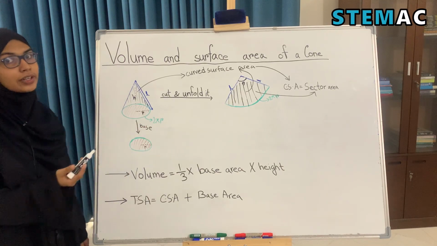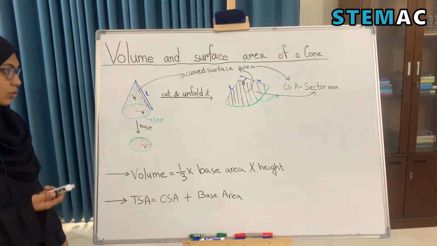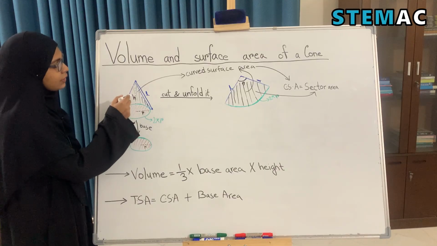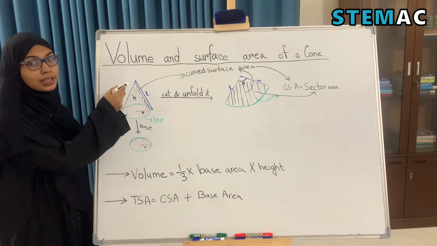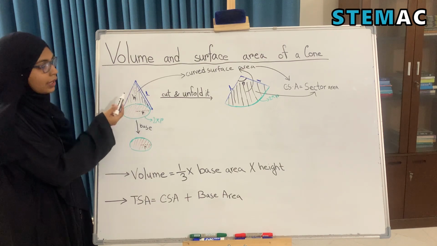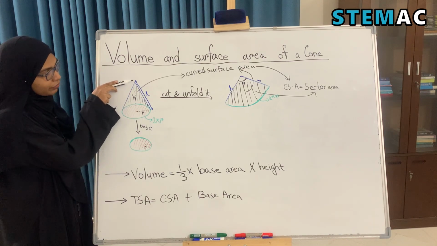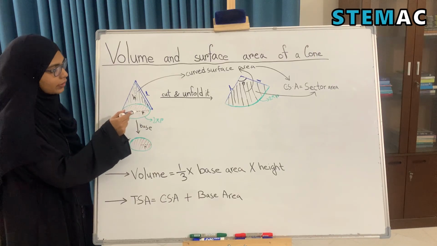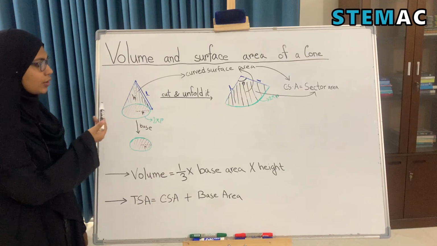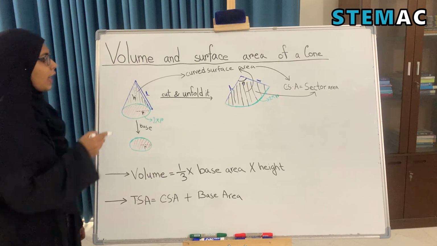We know circumference of a circle is 2 pi r. And there is a height, which is a vertical line from the vertex or apex of the cone to the midpoint or the center of the circle. That is the height of the cone.